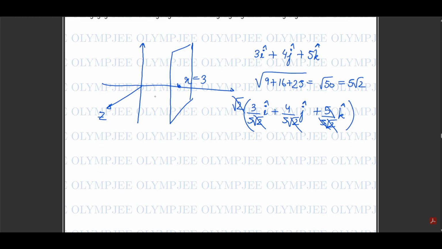Assume that it is moving along this direction. So the particle will have the components as this, and after it reflects, the components will be like this.